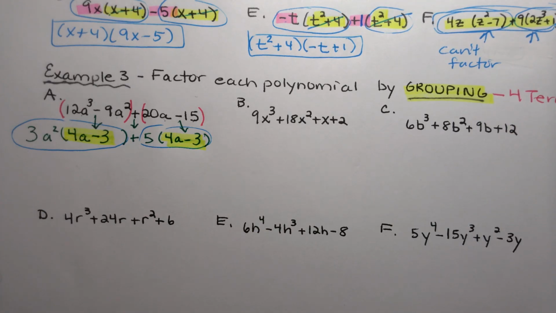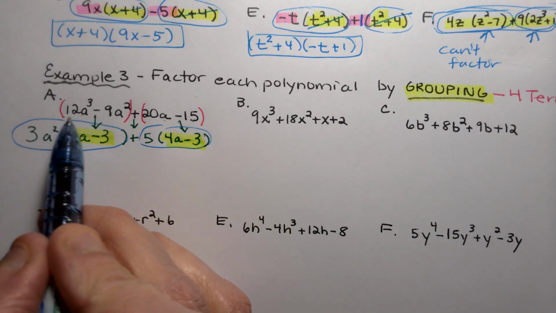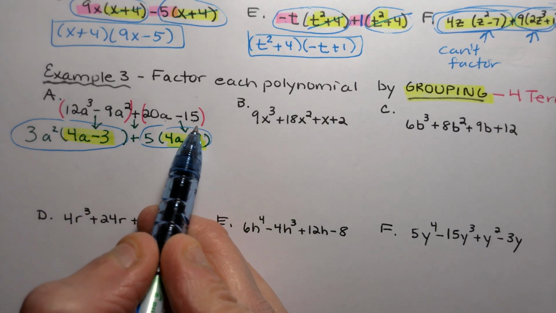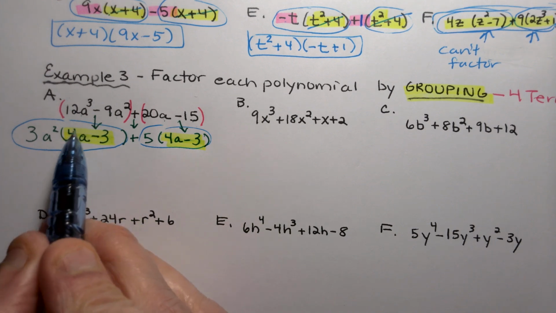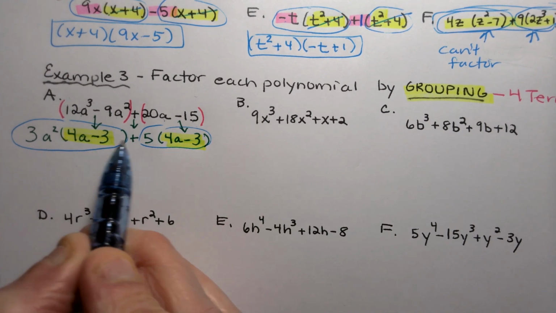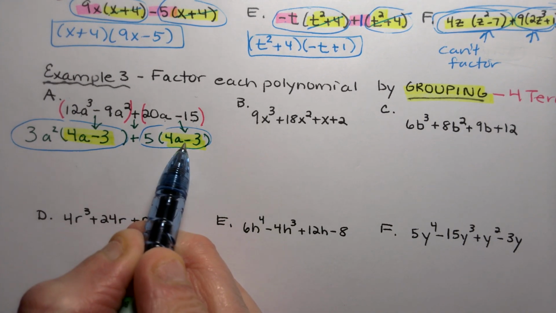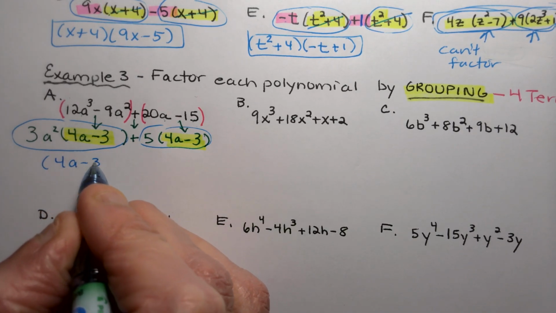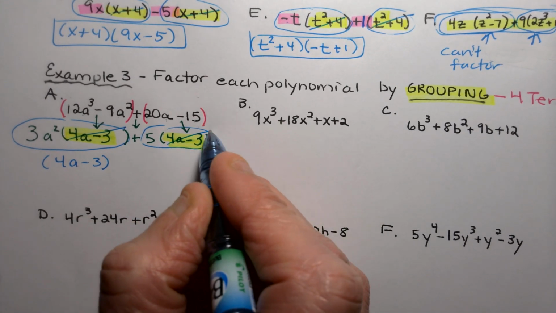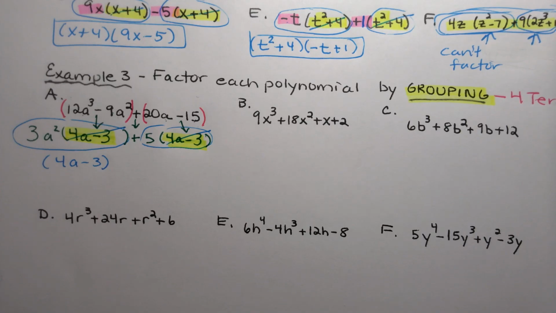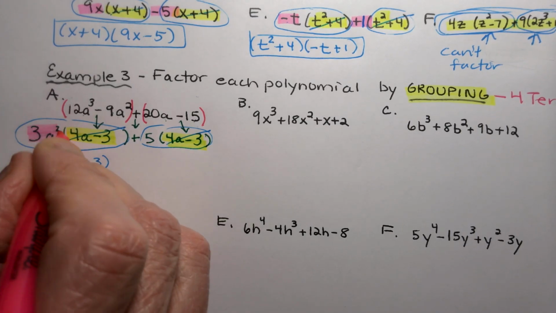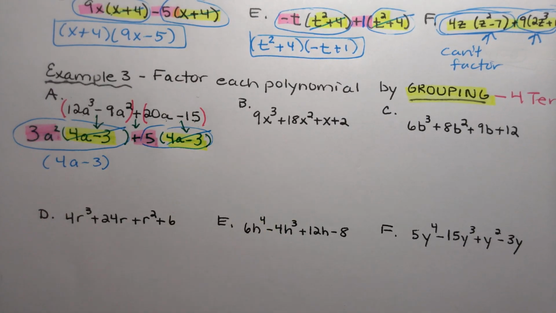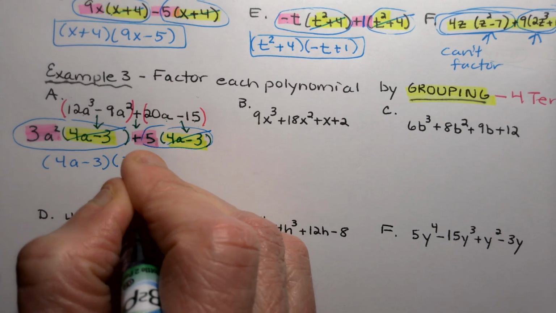If it wasn't, we couldn't do this. So this is how we're grouping. By grouping these first two and the last two, factoring them out, we saw that these were the same. So then remember, we take that one out front, we cross it off, and now what do we see is left? We have 3a squared plus 5. And that's what goes in the second one.